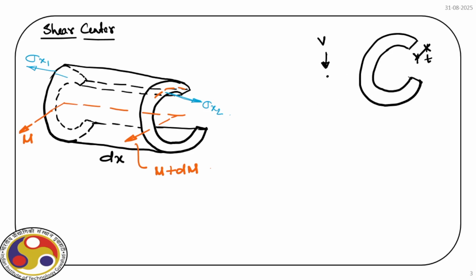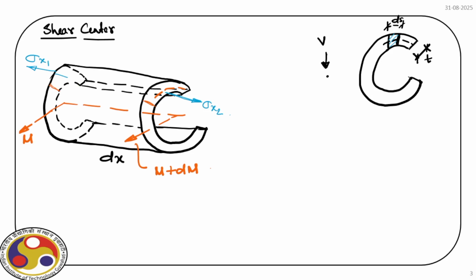So for that what we do, we consider a section, and this curved path is ds, so that is ds, and then we will identify the unbalanced force over this small section, and for that again let us consider the shear stress flow.